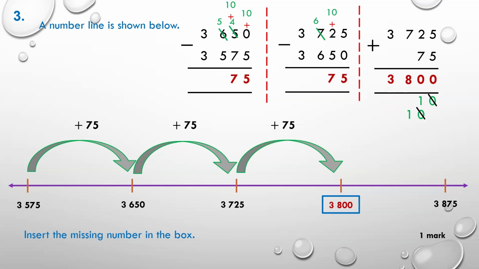But if you wanted to check, if we followed the pattern, what should we add to 3,800? Every time we go to the right, we should be adding 75. 3,800 plus 75 is 3,875. So the pattern makes sense. Great. Let's go on now to number 4.